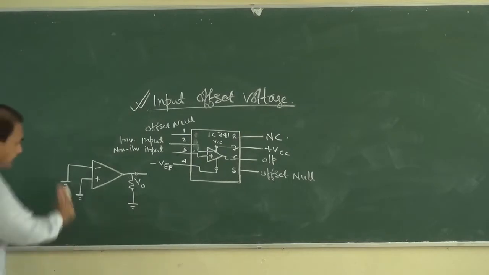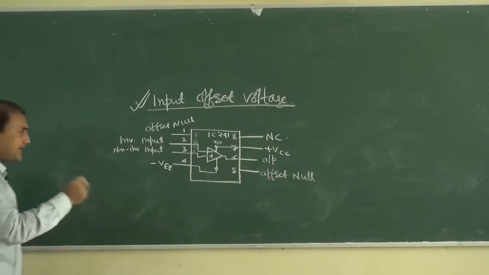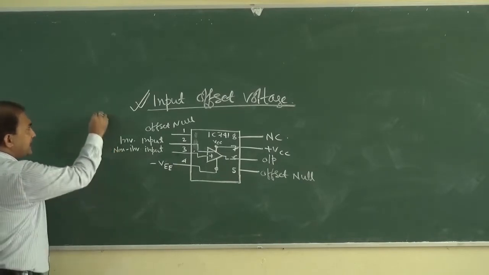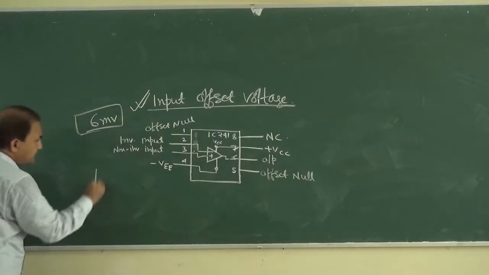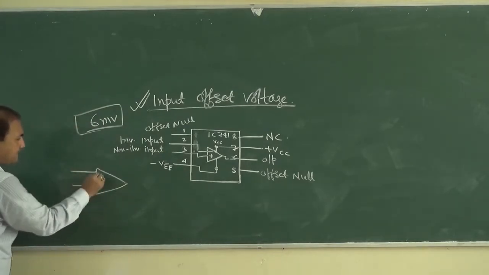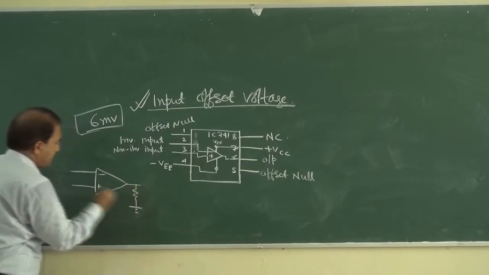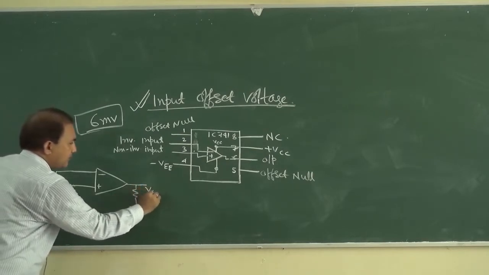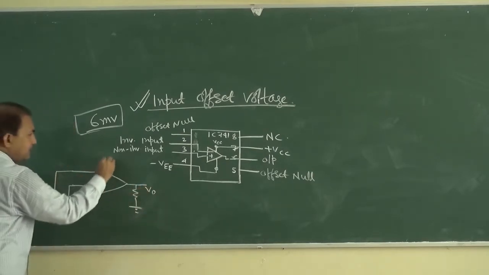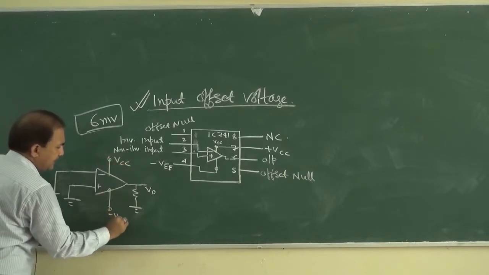So in IC 741 the maximum value of input offset voltage is 6 millivolt. Okay, suppose like this. This is ground and this is ground. Okay, and this is V out, and it is connected to VCC and to minus VEE.